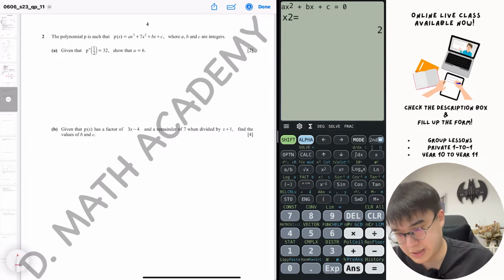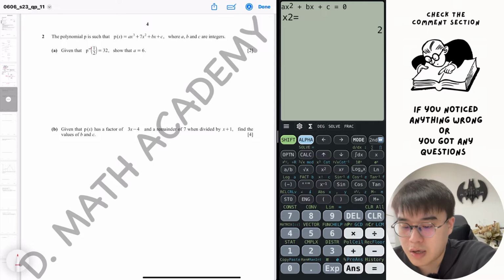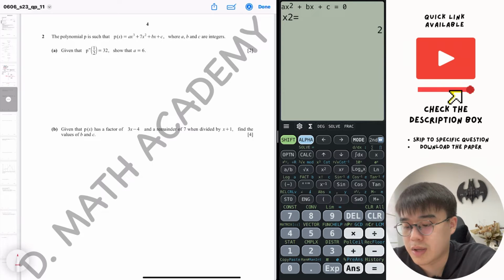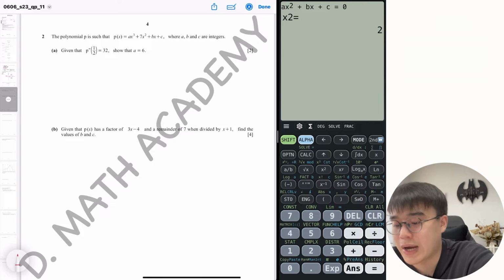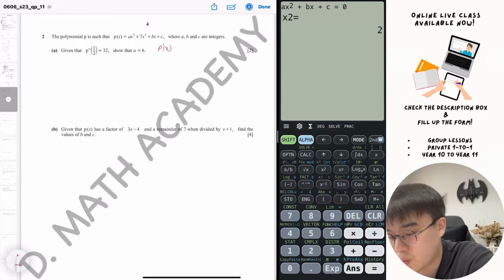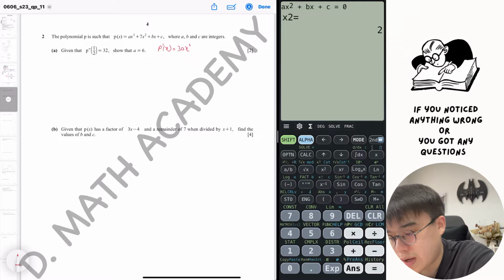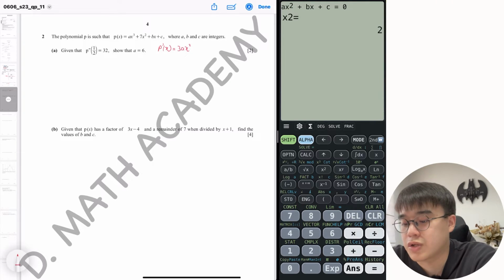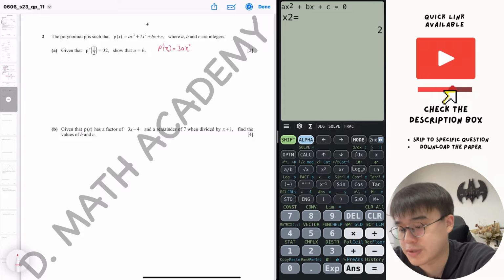Okay, again, a slightly easier topic, polynomials here. The two dots that you see right here stand for second derivative. So it means that you have to differentiate it twice. So I'm going to differentiate it once first, and you should get 3ax squared, because of transferring the power out to the front and reducing the power by 1 in that process.